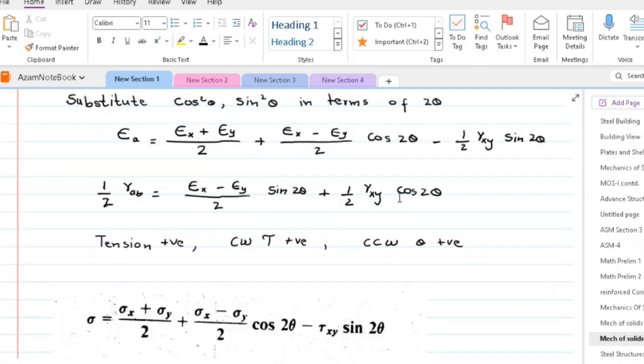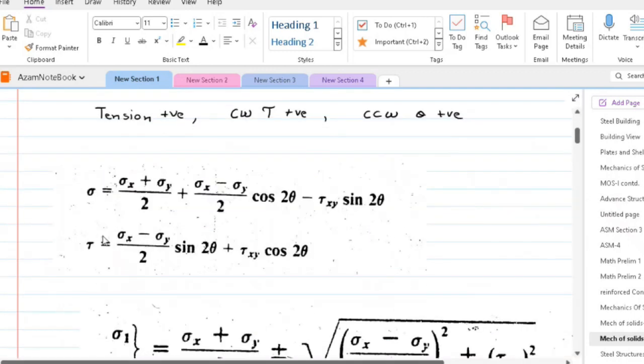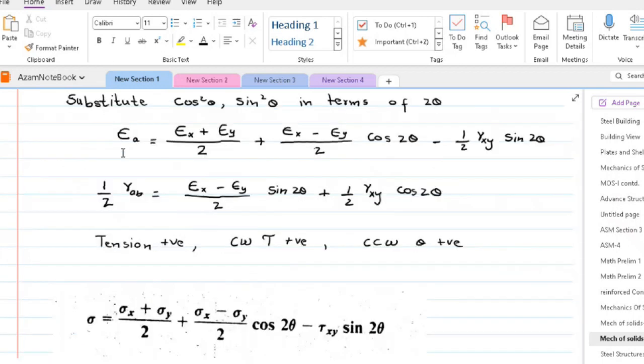It is important to note the similarity between the strain expressions and the stress expressions derived earlier. So the stress and strain expressions are analogous. The first term in the strain expression has got strains, and in the stress expression has got stresses.